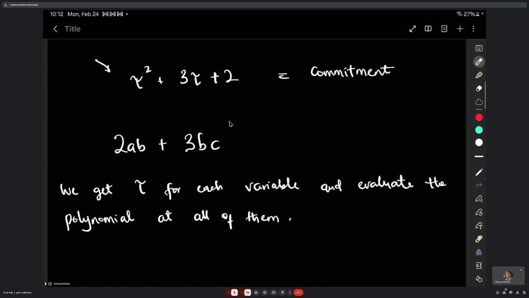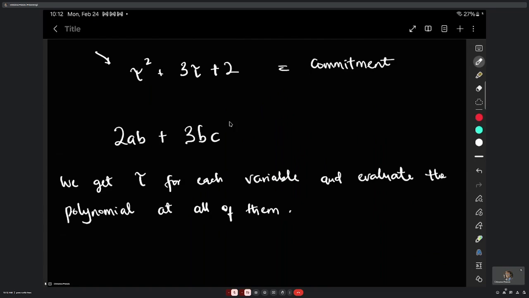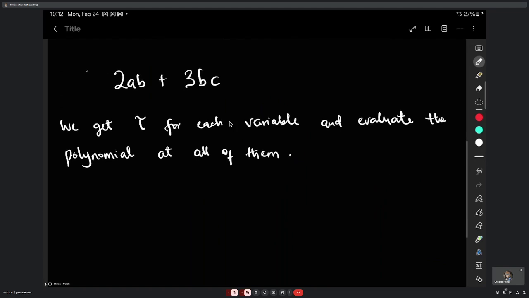Can we do an example? So let's say this is our polynomial, we want to commit to it. There are 3 variables, A, B, C. How do we commit?